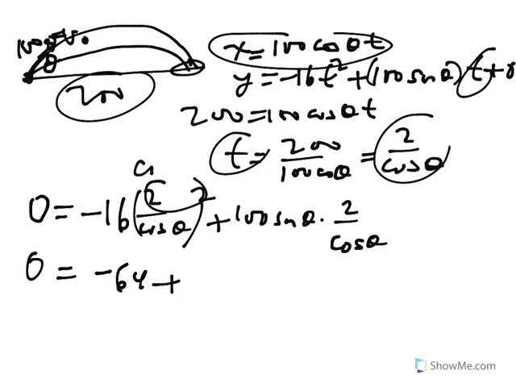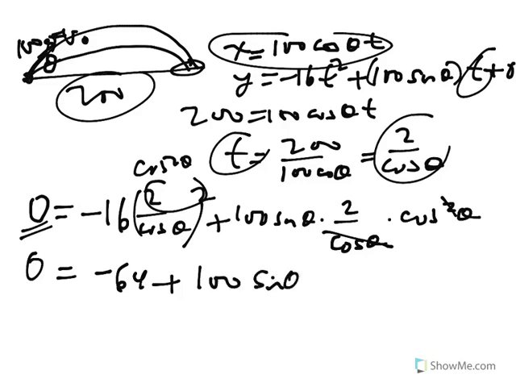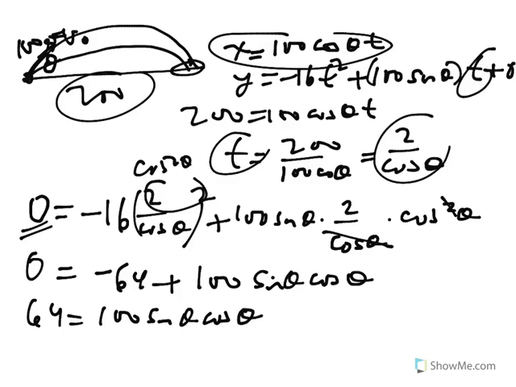Plus, I'm just going to write cosine squared theta on both of these terms because I'm multiplying all the terms by it, even the 0, but it stays as a 0. This cosine theta cancels out with one of these. I end up with negative 64 plus 100 sine theta cosine theta, or 64 equals 100 sine theta cosine theta. That should be 200 because there's a 2 here.